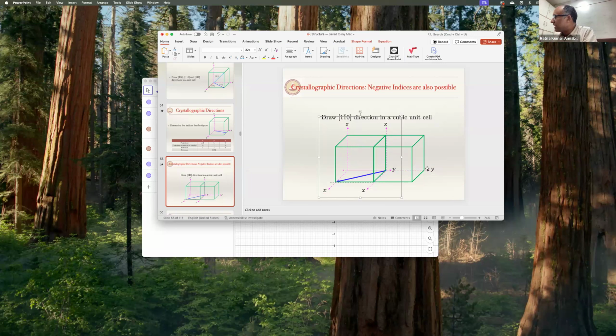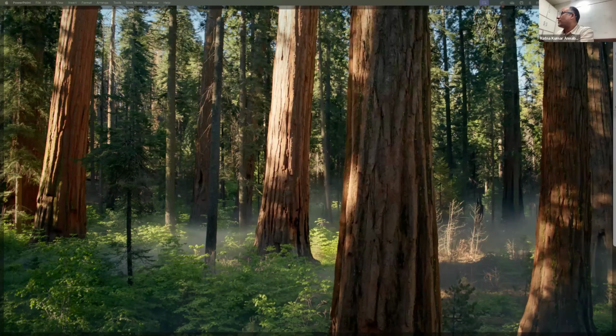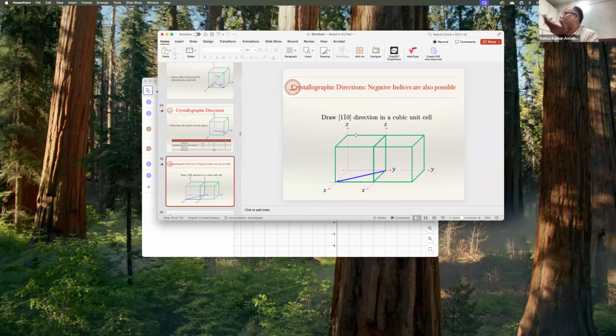Imagine this origin moving here. Isn't it exactly the same as this? Yes, sir. So that is what we can do either way. Either way is fine. Both of them are acceptable.